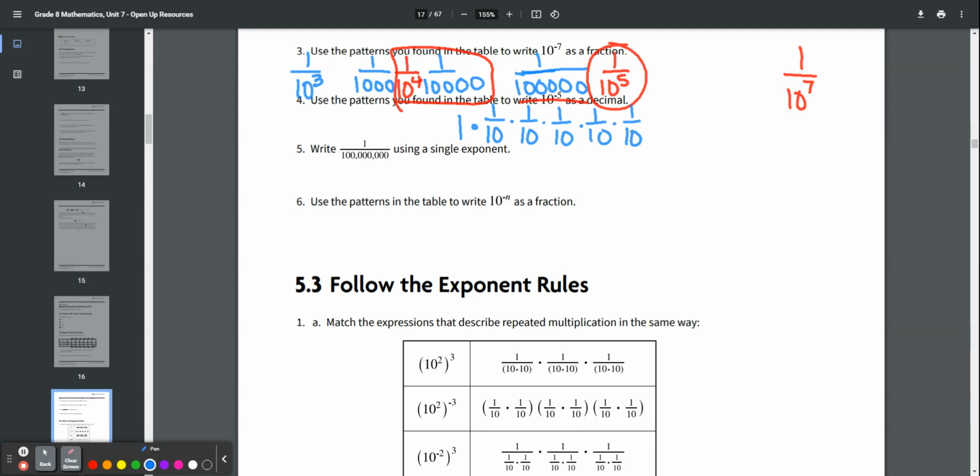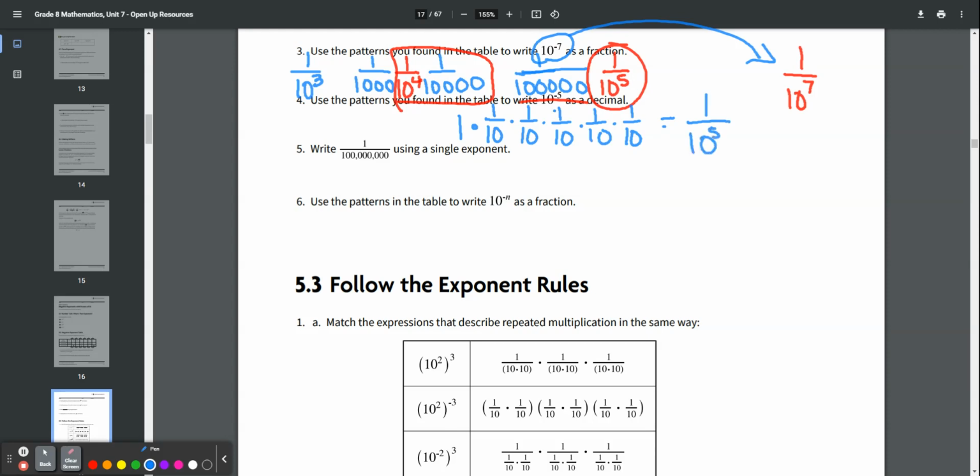And what you'll notice, hopefully, is how I got from this value of 10 to the negative seventh over here to 1 divided by 10 to the seventh. And then what I see here is if I multiply all my numerators, I get 1. If I multiply all my denominators, I get 10 to the fifth power in the denominator.